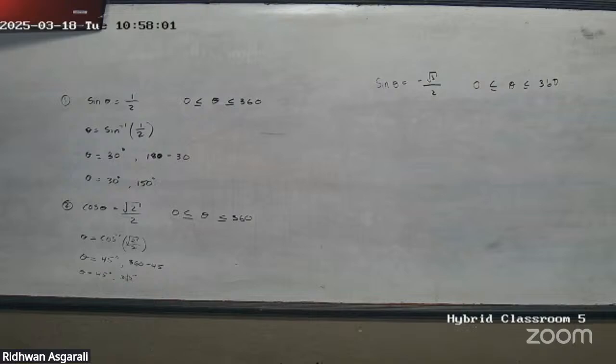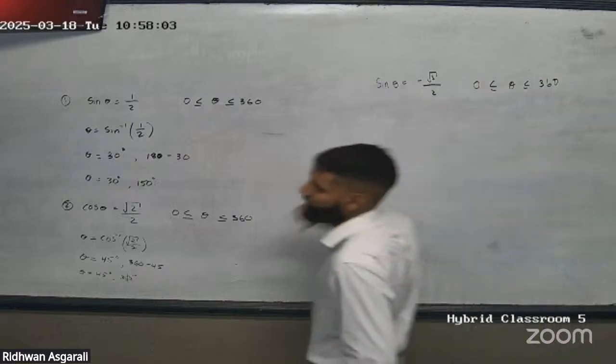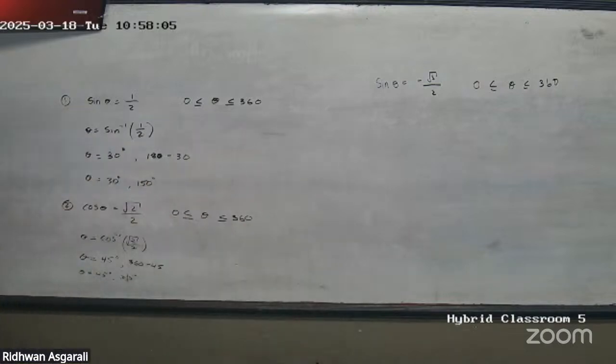Sine is what? Sine is negative. So we can find the answer for negative sine with the quadrant if I'm working it out. Yeah, cool.